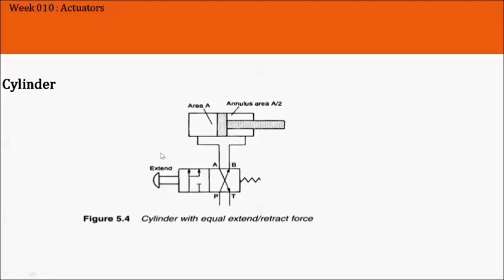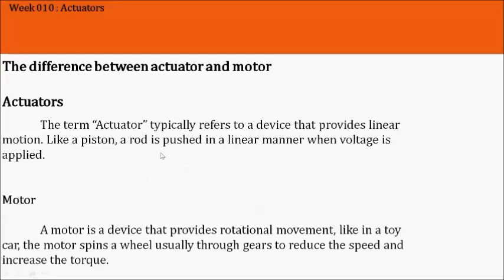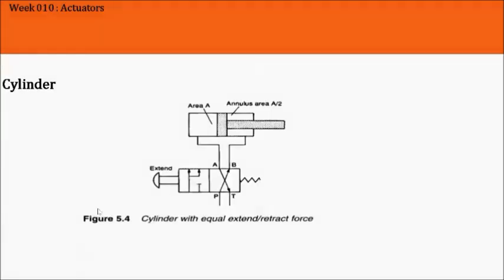Okay, now we discuss the actuator and motor. What is the difference between these two? Actuator is the term typically referred to a device that provides linear motion like a piston, like this one in the drawing or the figure. It starts with this motion forward.